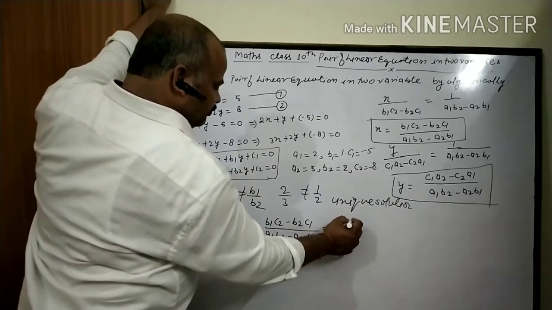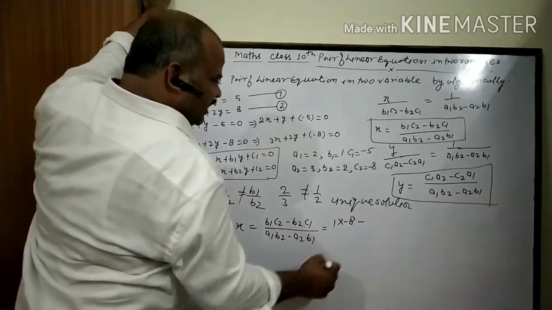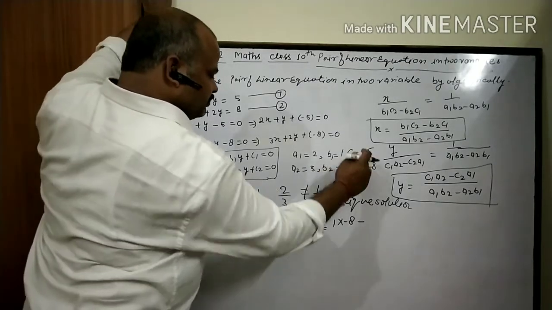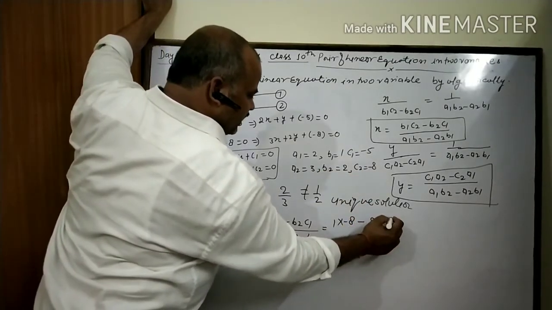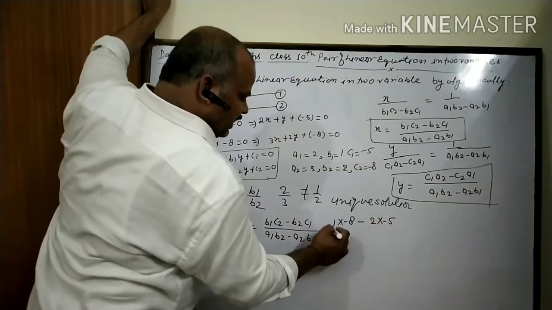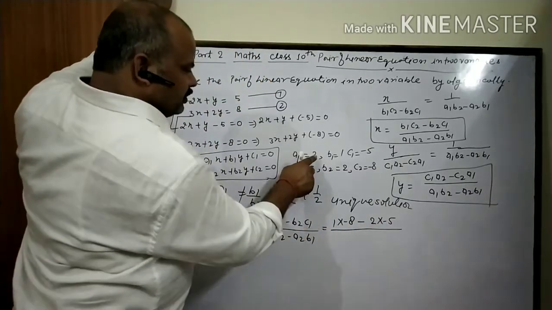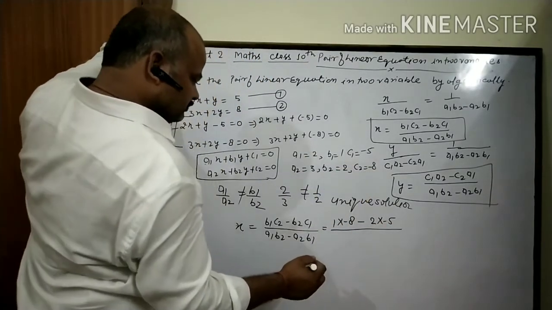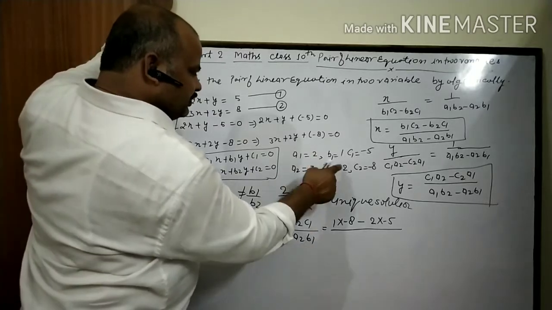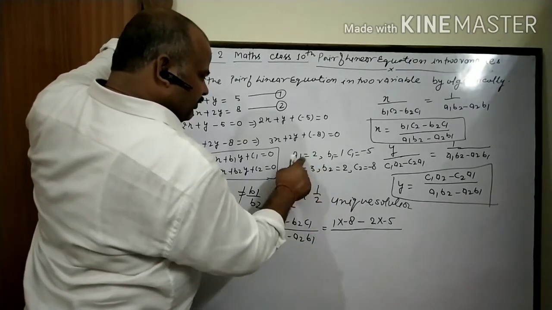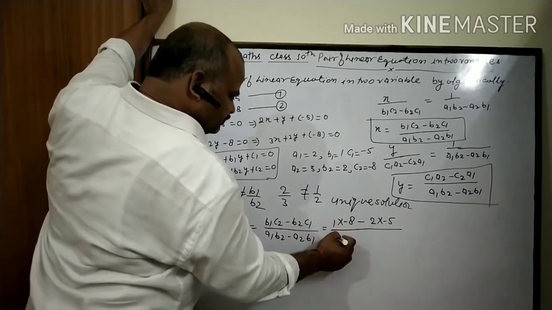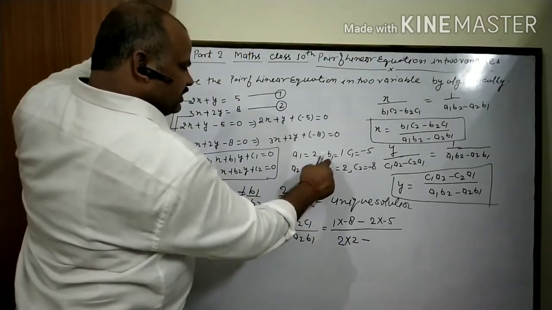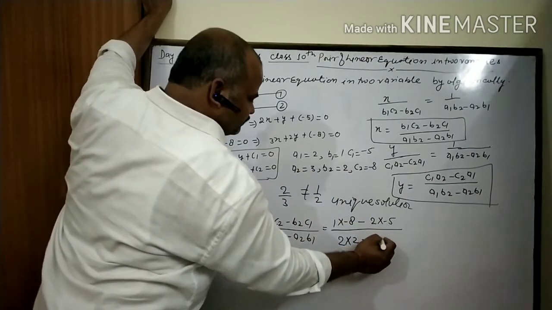Then 1 into minus 8 minus b2 c1, 2 into minus 5, upon a1 b2, 2 into 2, minus 3 into 1.